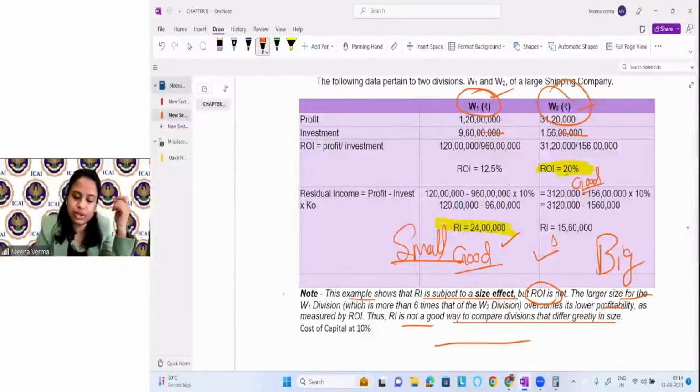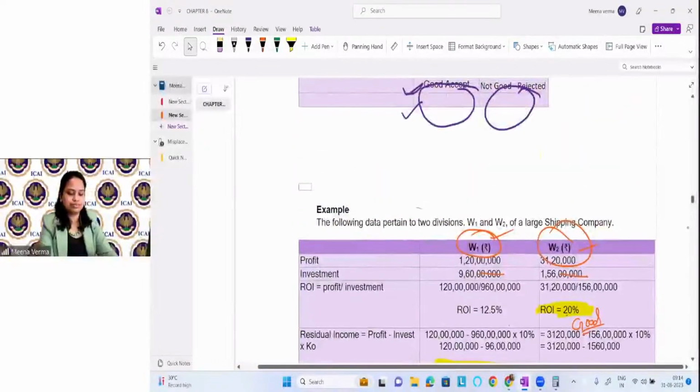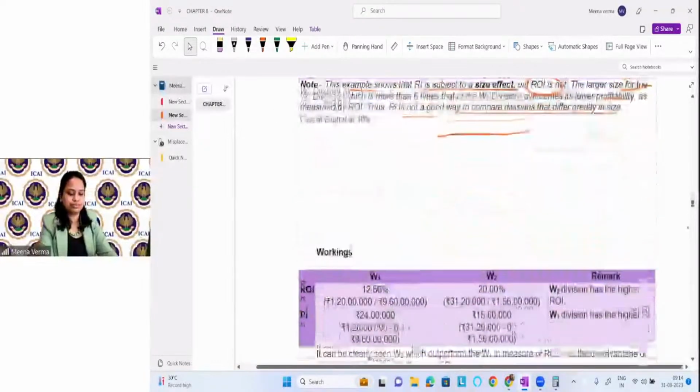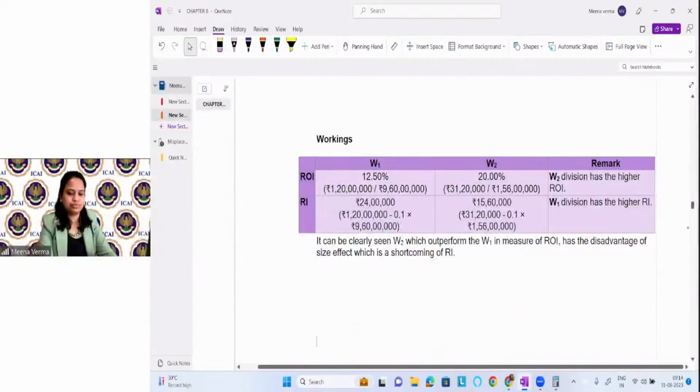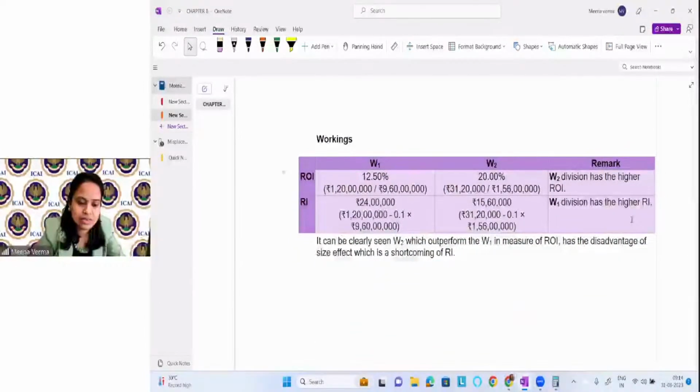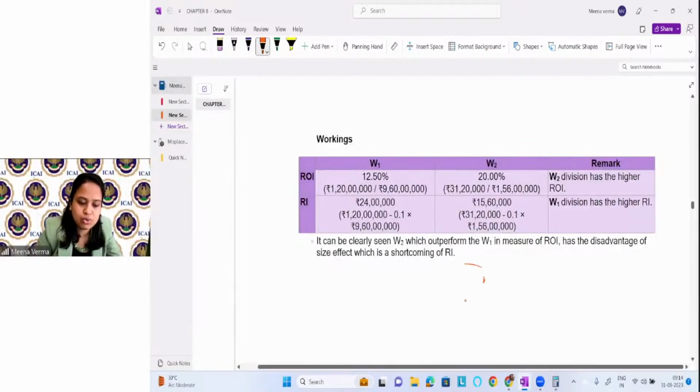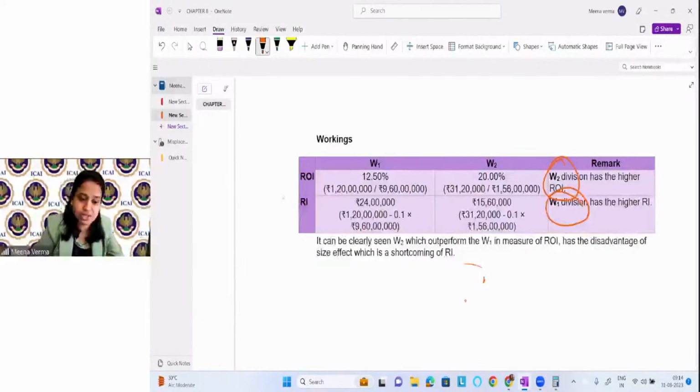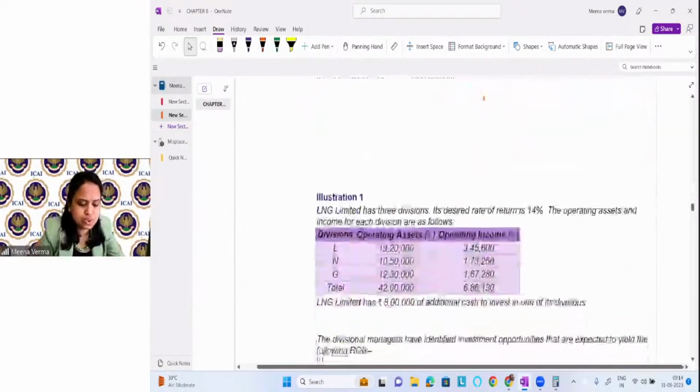So this is what is mentioned here. If you consider ROI, W2 is a good investment. As per residual income, W1 is a good investment.